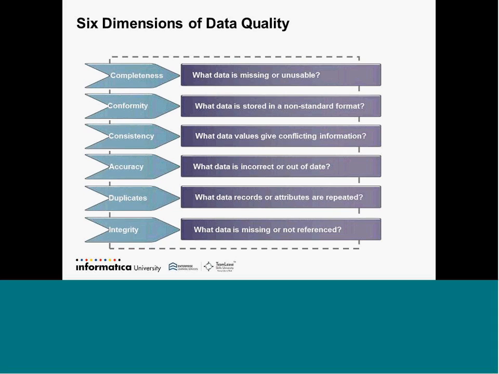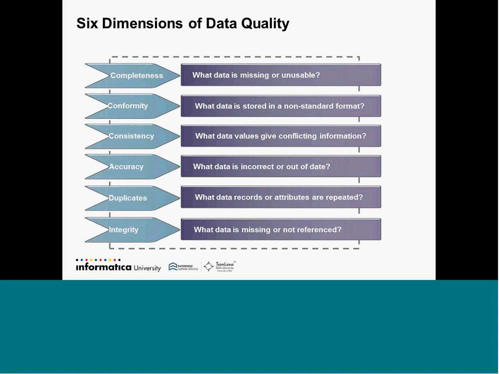Let me introduce the 6 dimensions of data quality. When we start working with data quality, we are expected to look for these 6 dimensions: completeness, conformity, consistency, accuracy, duplicates, and integrity of the data. As far as completeness is concerned, we are going to find the missing data. Under conformity, we are going to find data which is in non-standard formats.